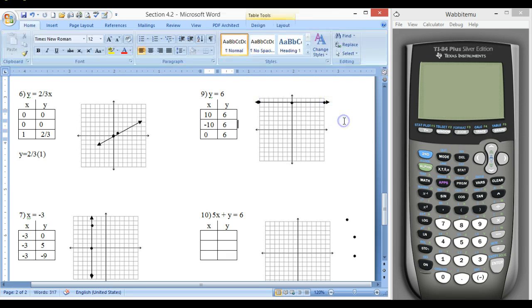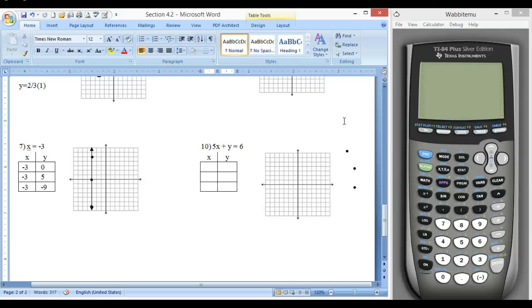All right, and our last one, 5x plus y equals 6. So again, I'm going to pick my x and y intercepts. Plug 0 in for x, which means this cancels out, and I'm just left with y equals 6. And then if I plug 0 in for y, I get 5x equals 6. Divide both sides by 5, and I get 6/5.